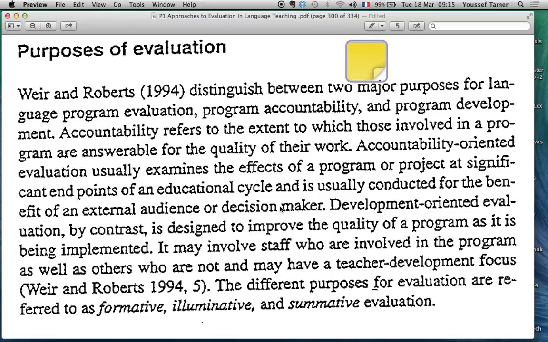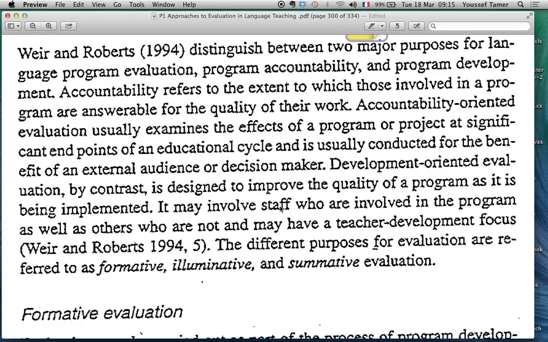The next one is development-oriented evaluation. It is designed to improve the quality of a program as being implemented. So while the program is being done, there are instruments used to collect information, to investigate what's going on well and not going on well.